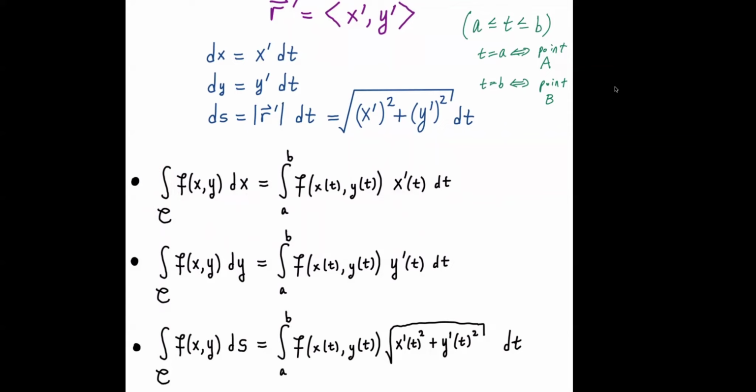But in this case, converting to an integral over t, we again have the integral from a to b. This is the range of t values. We convert the functions x and y to their definitions in terms of t, and then dx is replaced by x prime dt.